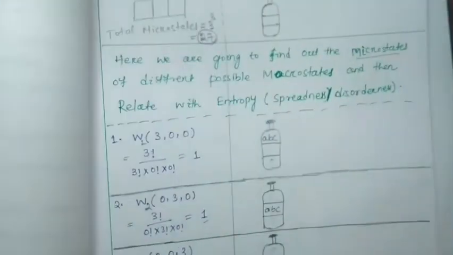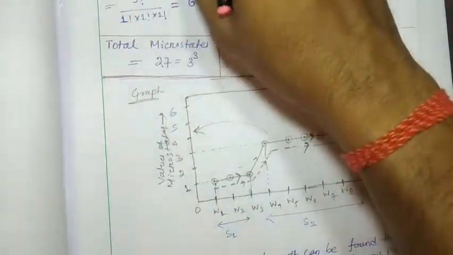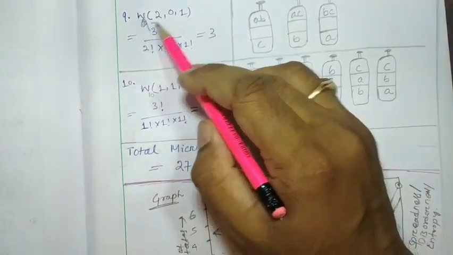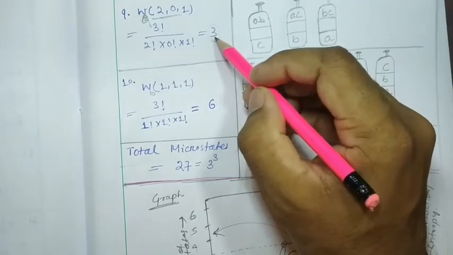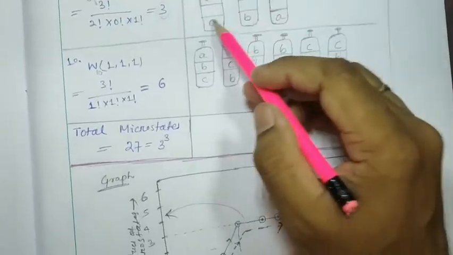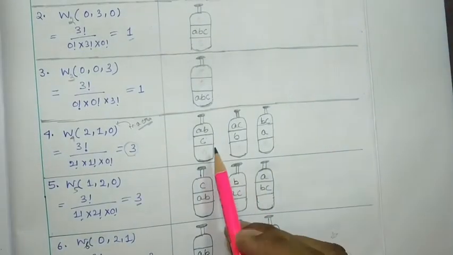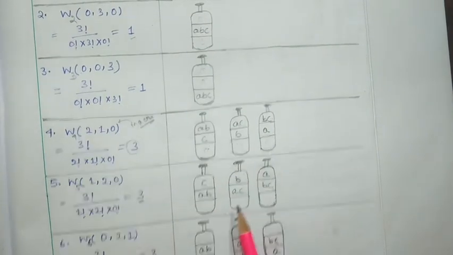So from W4 to W9, each macrostate has 3 microstates, and the spreadness of all these microstates is the same.